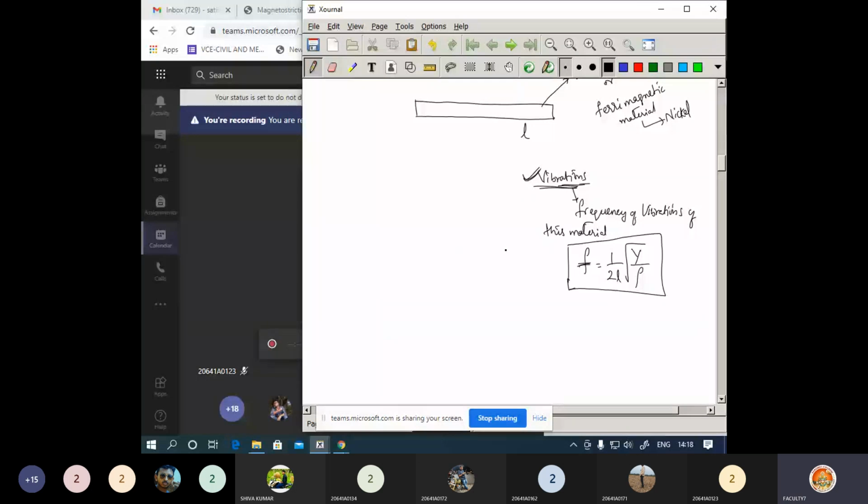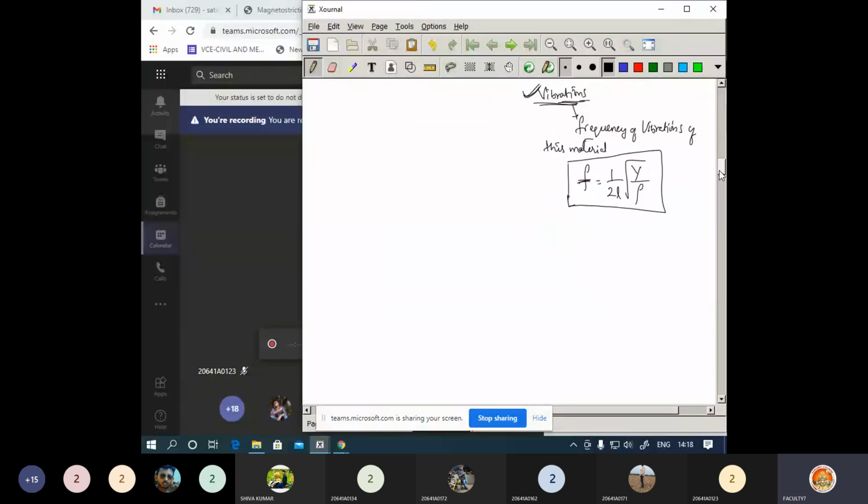Now here you need to identify what is Y, what is rho, and what is L. L is the length of the material. Next, Y is the Young's modulus of the material.